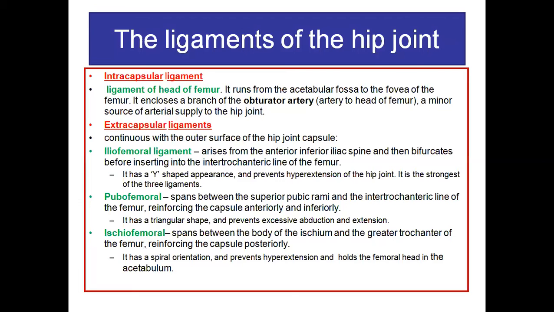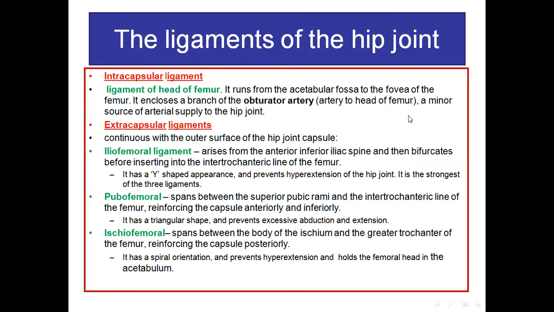It runs from the acetabular fossa to the fovea of the head of the femur. It encloses the obturator branch, a small branch of the obturator artery. It is the minor source of arterial supply to the hip joint.